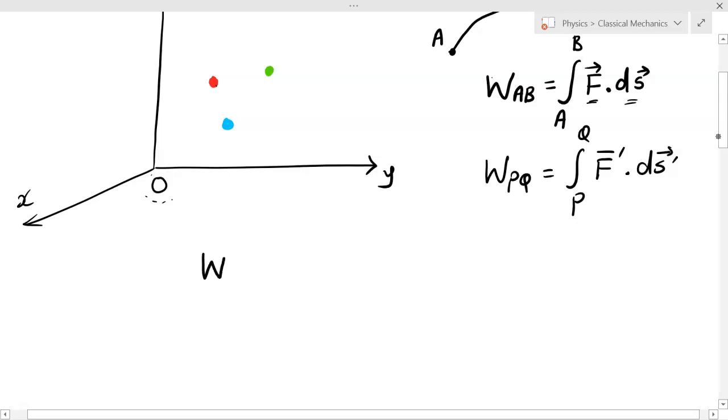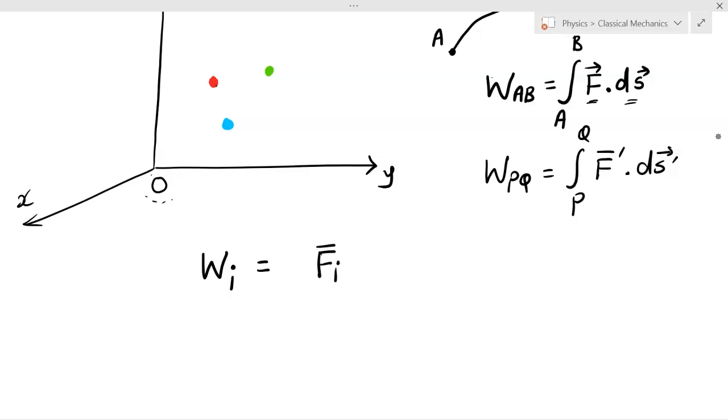Now for the ith particle, what will be the work done? The work done will be the force on the ith particle dot ds_i bar, that is the infinitesimal displacement of the ith particle, and this is from 1 to 2. Now this 1 and 2 describe the configurations.